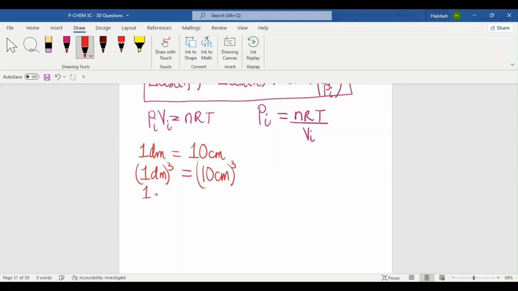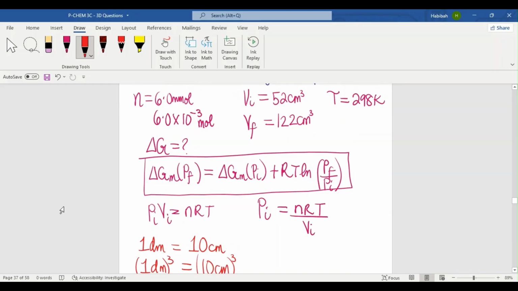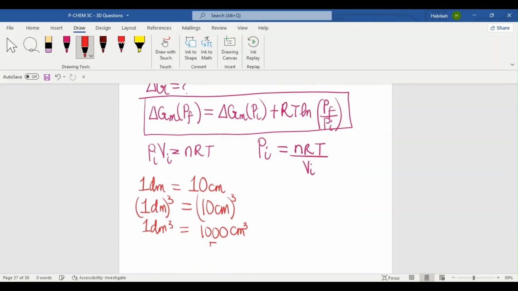So that would be 1 decimeter cubed equals 10 times 10 times 10, that's 1,000 centimeter times centimeter times centimeter, that would be centimeter cubed. So you have that, and you have the 52 centimeter cubed, so that will be equal to that.